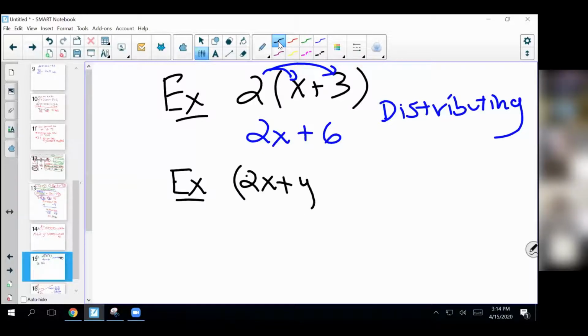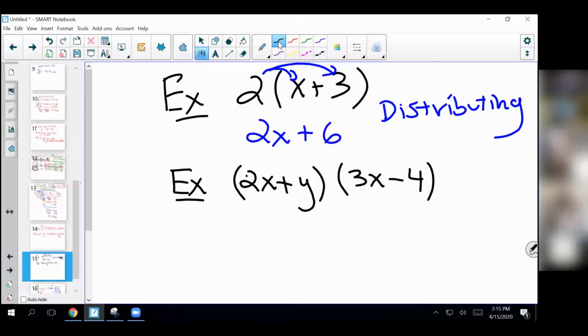2x plus y, 3x minus 4. So if you want to distribute in a situation like this, where you have 2 things added in parentheses multiplied by 2 things added, or subtracted, I think of subtraction and adding as the same thing, then what you have to do is basically FOIL it.